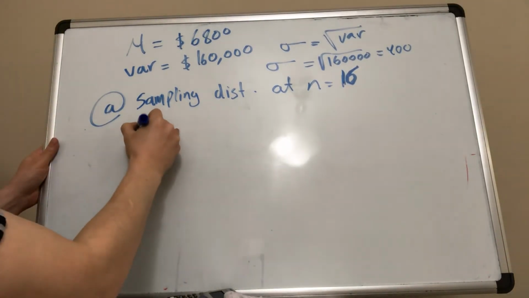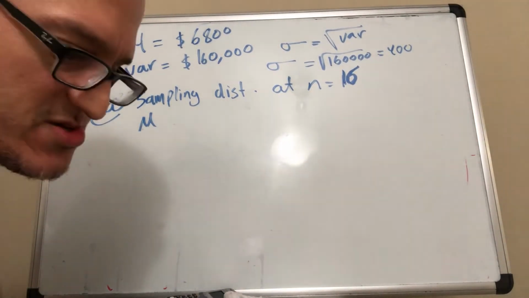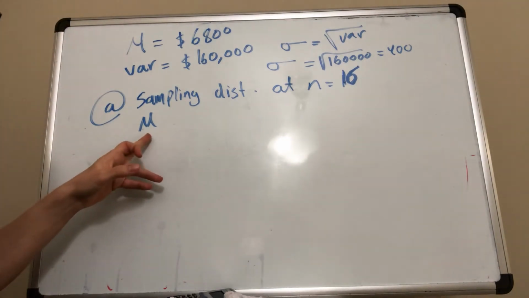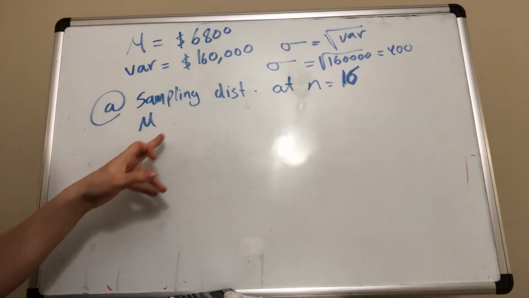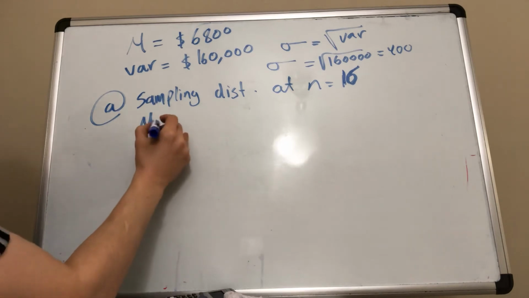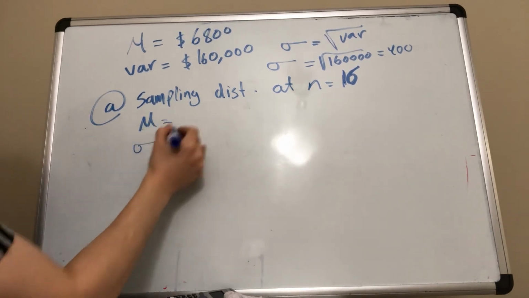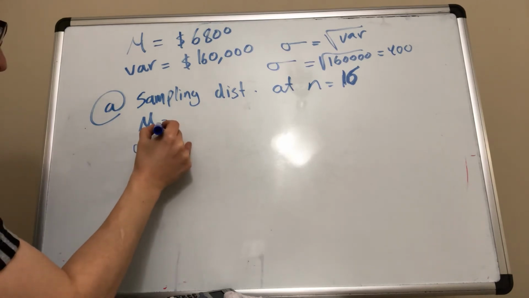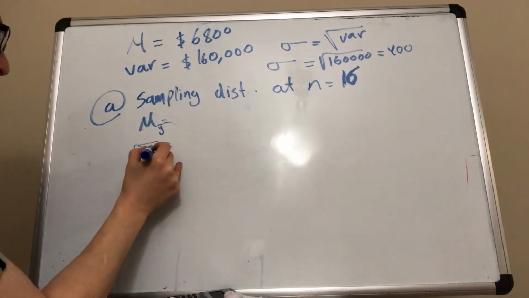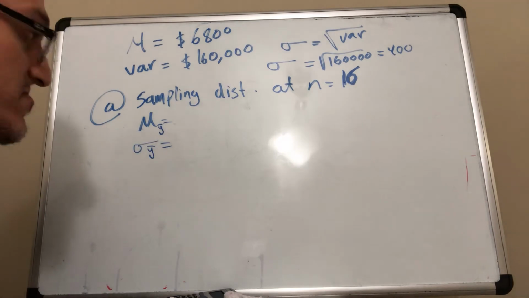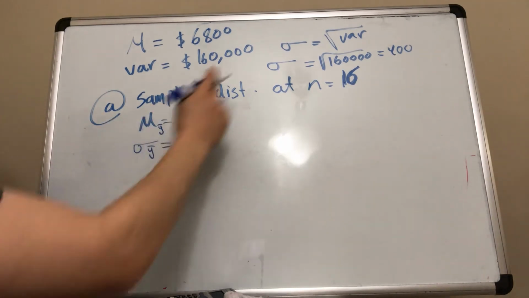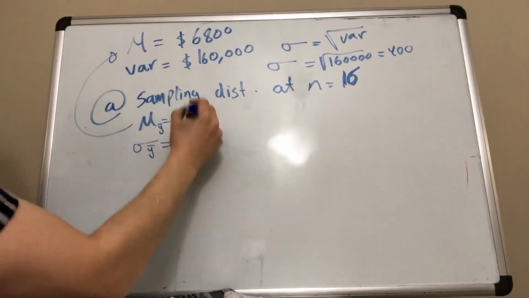Sampling distribution, like we did with the proportion question. Remember, with the proportion question, there was mu proportion, sigma proportion. Here, there is mu and sigma as well, but this is the mu of the sample and sigma of the sample. Mu would be whatever the actual mu is.